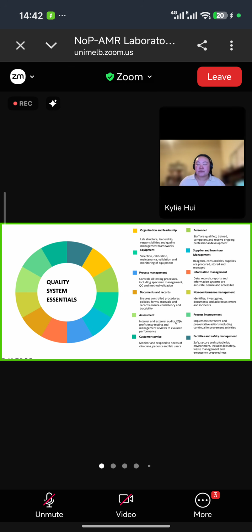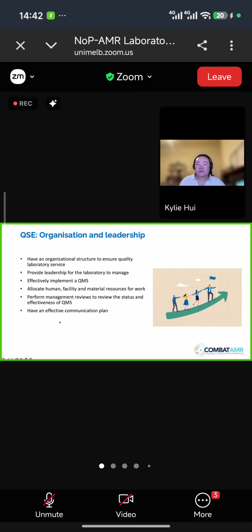So for our first QSE, organization and leadership. It's really important to have an organizational structure for the quality of the laboratories. This leadership, it's very much important that it can implement the quality management system.